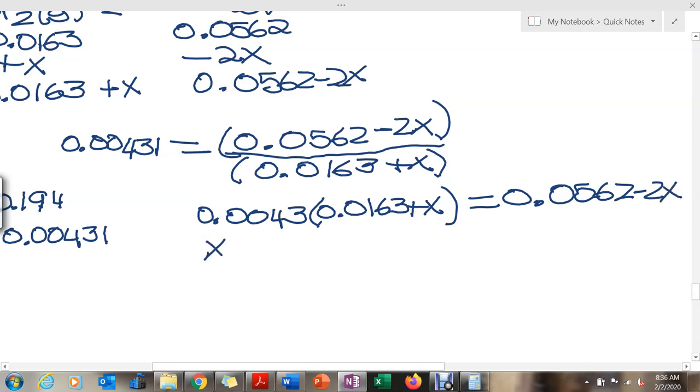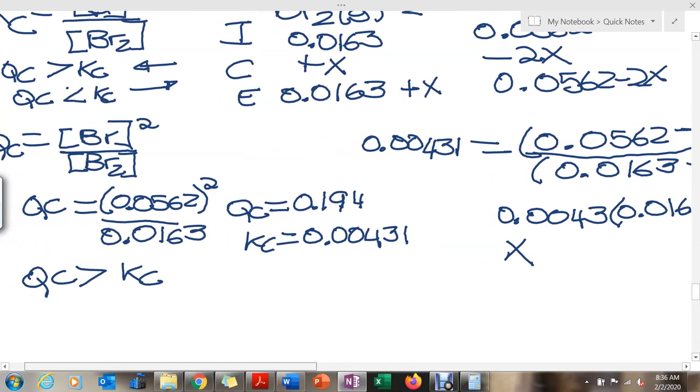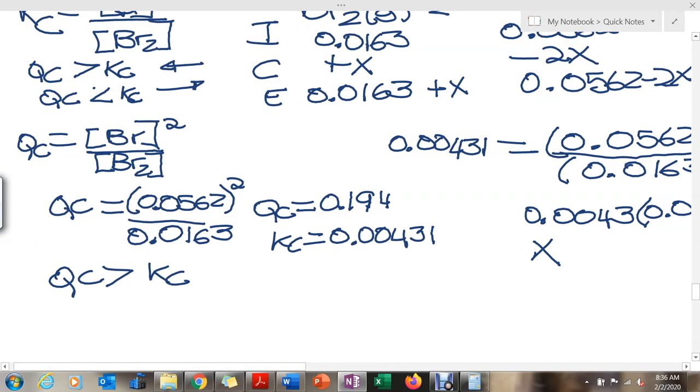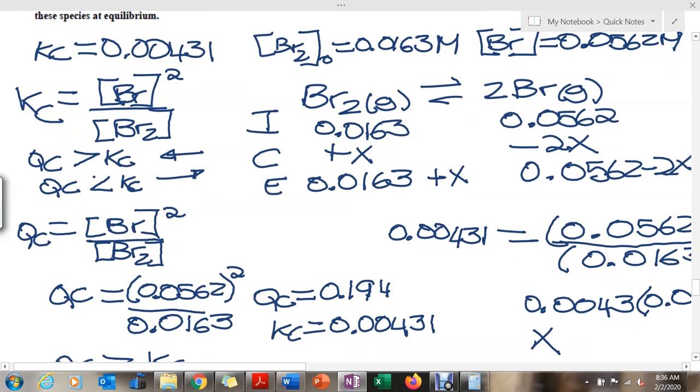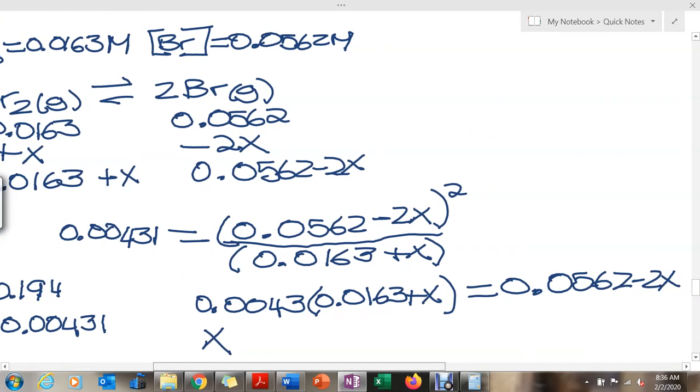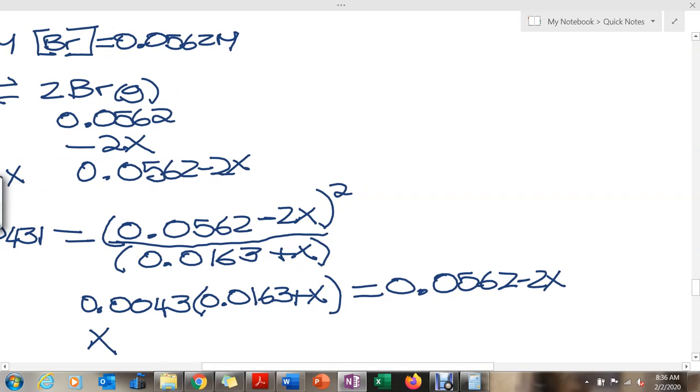So the X value, and by the way, to the square. This one I forgot to put to the square, sorry, because this is the concentration of products, and the products have a 2 coefficient. So in the equilibrium expression, Br, the product is to the square.